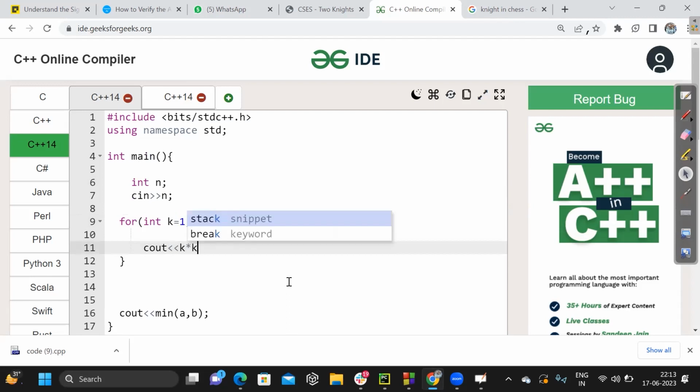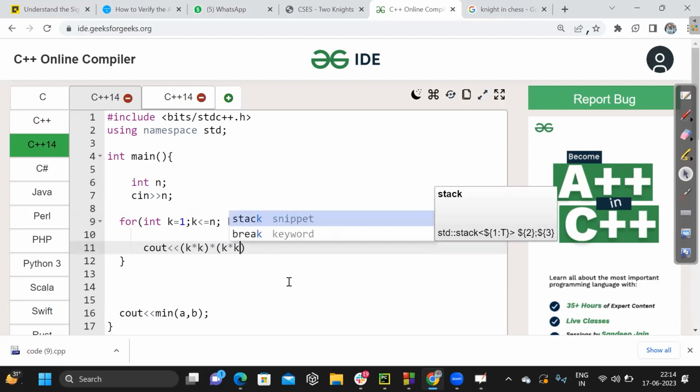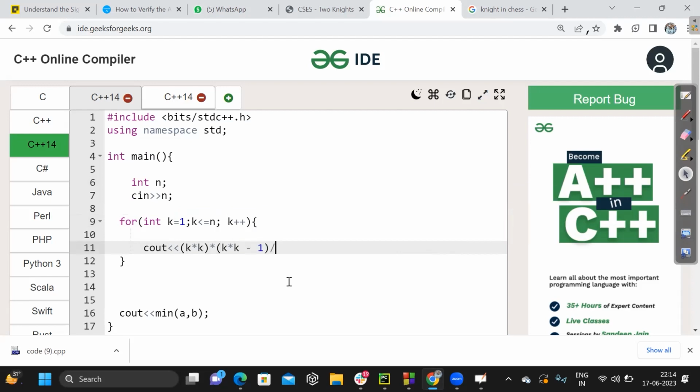First is k cross k, then minus k square minus 1, then divided by 2.